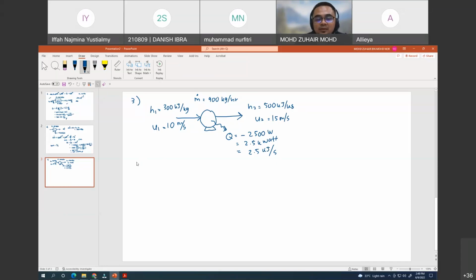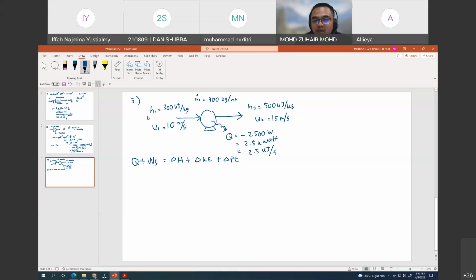Similar to the previous one, what we need to do is list down the general equation: Q plus Ws equals delta H plus delta KE plus delta PE. In this case, we have Q, and the question asks about Ws, and the enthalpy will definitely be there.